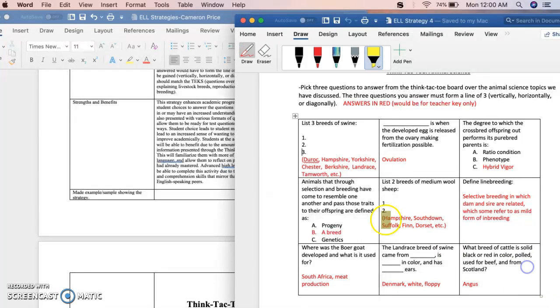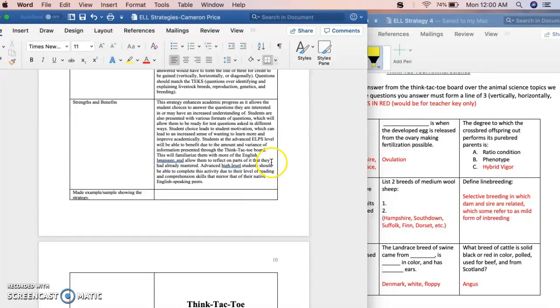Like here, I had different types of questions from the TEKS that are all different. They're not all about pigs. They're about cattle or about breeding. They're all different in the format too, such as fill in the blank or multiple choice. And that allows them to enhance different questions they see. So if they see them on tests, they'll be familiar with them because they saw them in the general learning strategy, the Think-Tac-Toe.